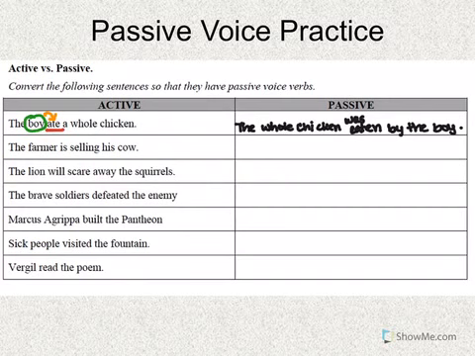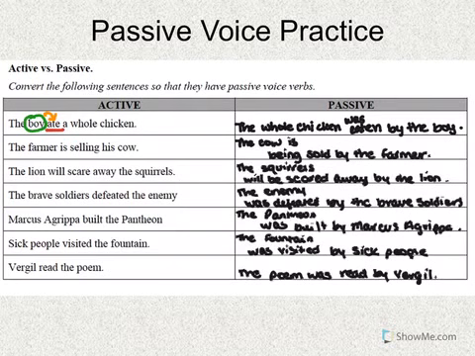I want you to pause the video now and try to do the next 6 sentences on your own. In a few seconds, I'll put up the answers. Okay, here are the answers. Make sure to check your work. Hopefully now you feel more comfortable distinguishing between active and passive voice verbs.